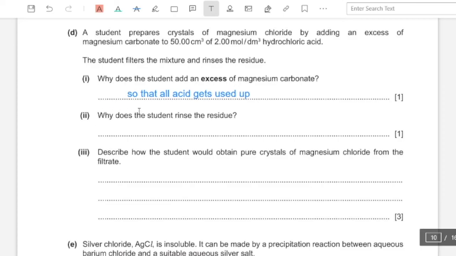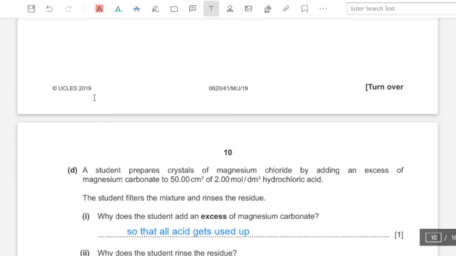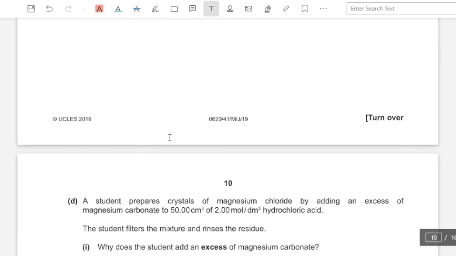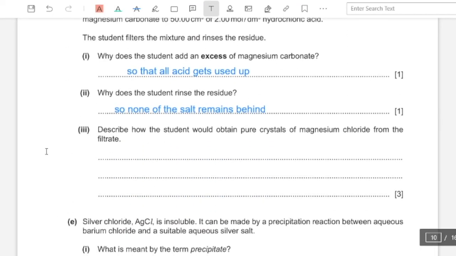Okay. Part 2. Why does the student rinse the residue? Well, to get all of the magnesium chloride salt so that none of it remains behind. This will make all of the calculations in our stoichiometry problems over here as close to accurate as possible. 3.